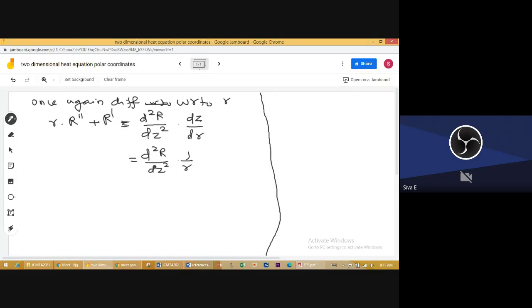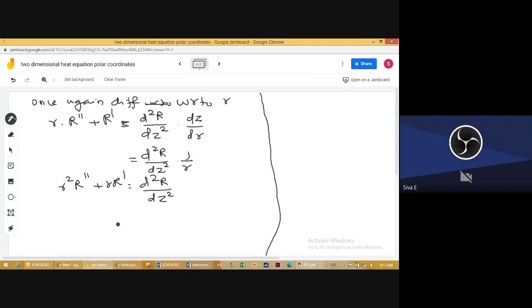So cross multiply that r here, then r square r double dash plus r into r dash equal to d square r by dz square.